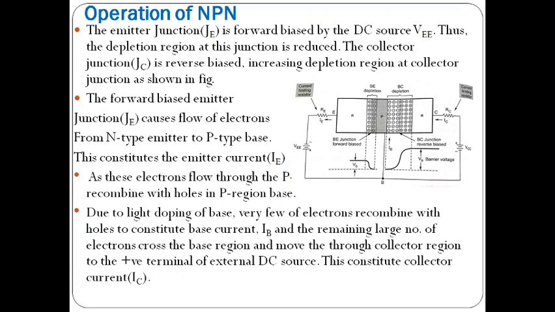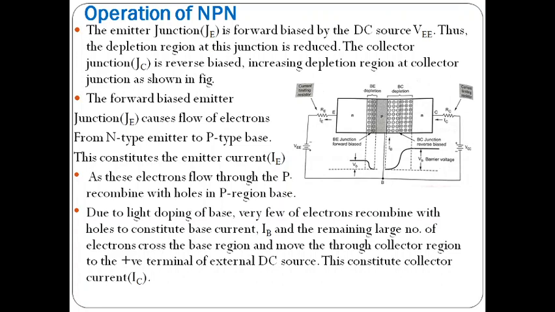So the width of the base region is very small, and here the electrons will recombine with the holes in the base region. The remaining electrons enter the collector region and are attracted toward the positive terminal of the battery.